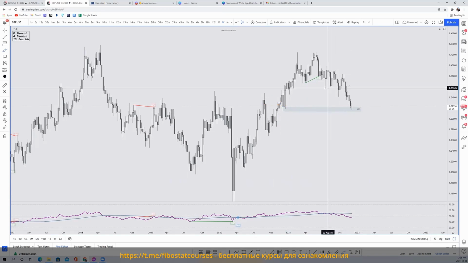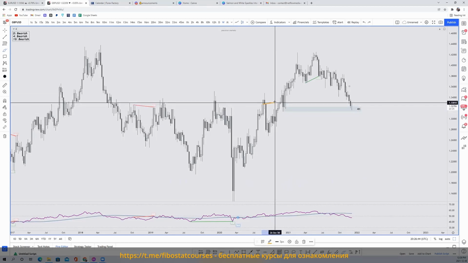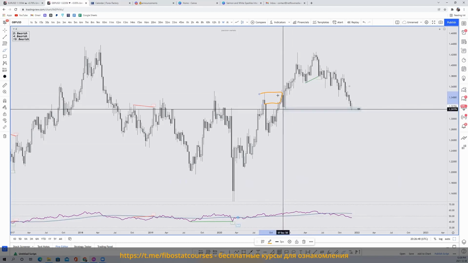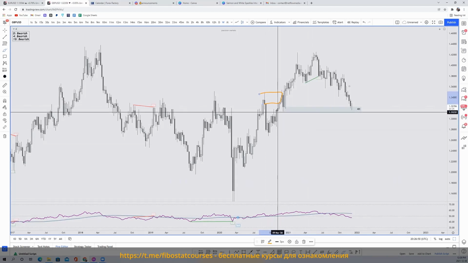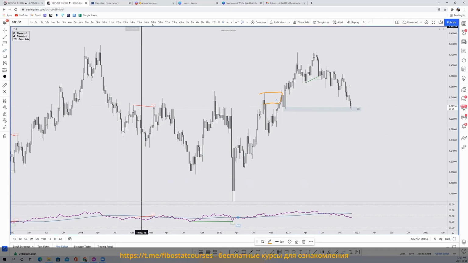But as far as a guideline and a starting point, I always look for the latest reaction point and what took it out. And if it's not clear, for example, if I find this reaction point on the 15 and it's not clear, I'll cycle through the 10-minute, 11-minute, 12-minute, 13-minute, everything from 10-minute till the 30-minute until I find the cleanest reaction point and the cleanest point of failure.